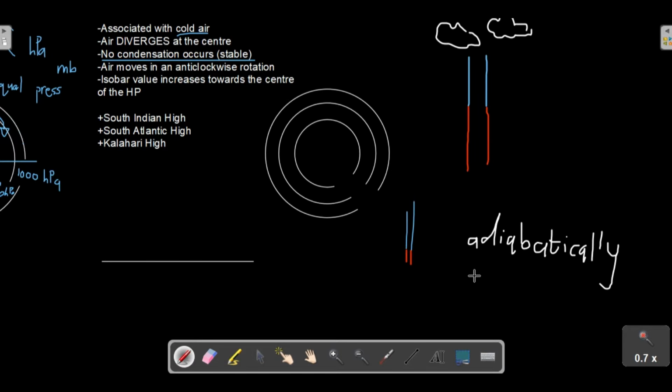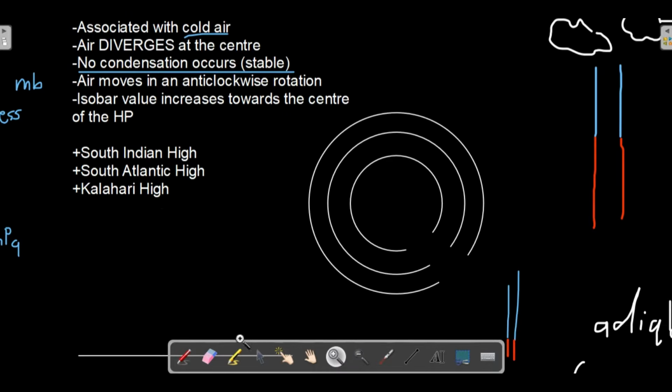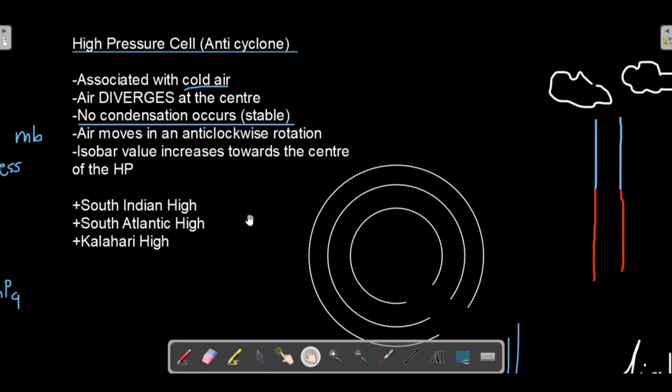So you cannot have any condensation, because you have to have warm air that's becoming cold air, not cold air that's becoming warm air. So there's no condensation. That means clear skies, calm conditions, no clouds, guys, and it's just calm, stable. There's no rising air. So that's why anticyclones are associated with stable weather, and no condensation, no rainfall.